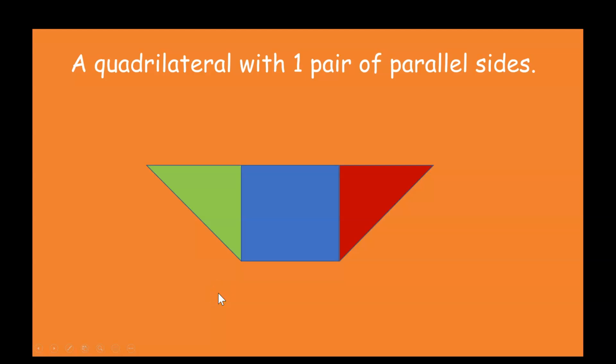If you also noticed, I didn't keep the triangles the same way. I flipped them around. So that's one thing to keep in mind. You can flip your shapes different ways. They don't have to stay the same way. So you can flip them around.